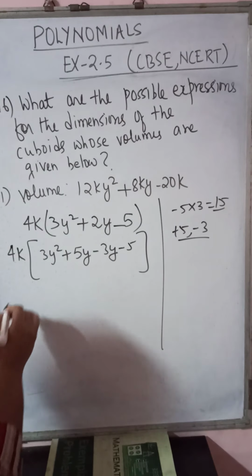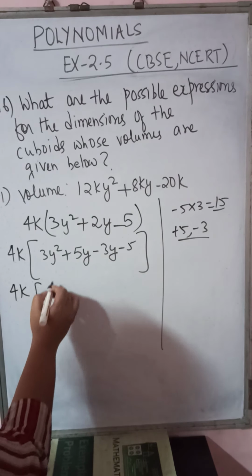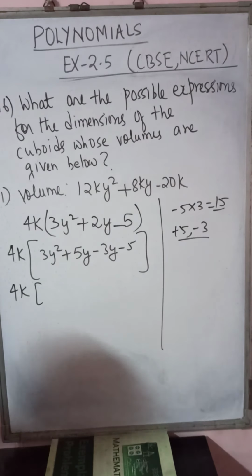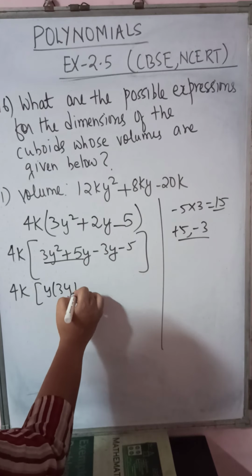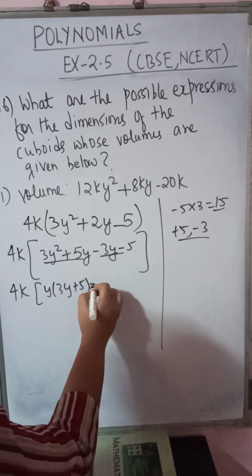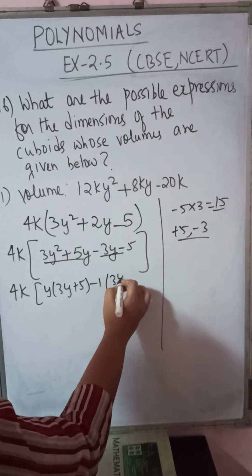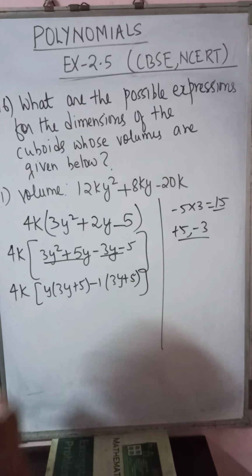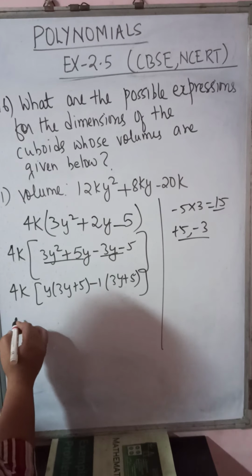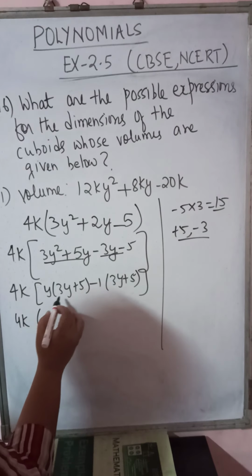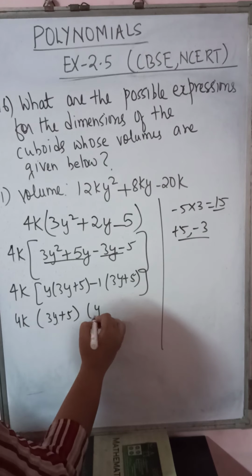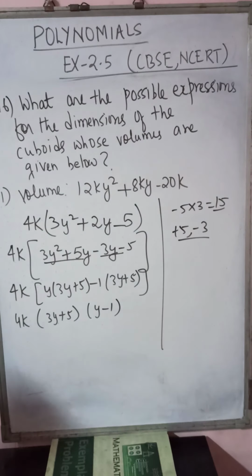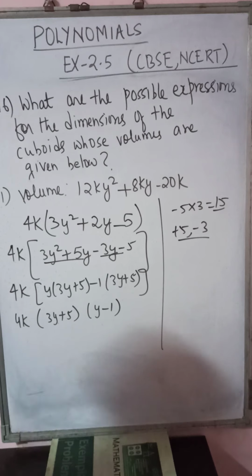Again grouping of terms. So 4k into, here anything is common? No, y is common. So you can write down as 3y plus 5. Here anything is common? Minus 1. So 3y plus 5. Now this is common. So 4k, what you can write? 3y plus 5 in one bracket and y minus 1 in another bracket. Okay, so this is done.